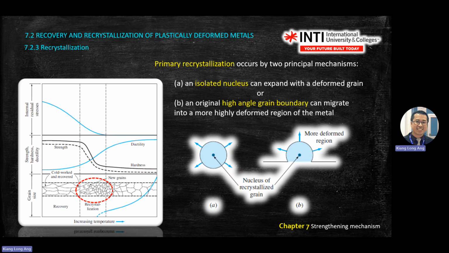This means there's a space there for it to slot in. Let's say there's a grain over here, so it will expand and squeeze inside the canyon here. So there are two mechanisms.